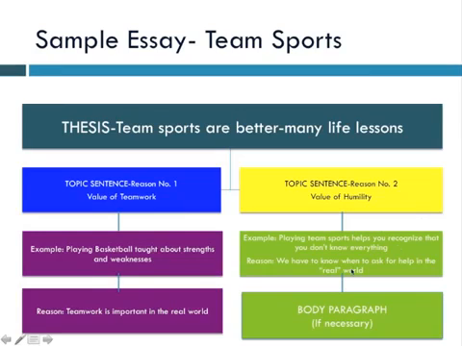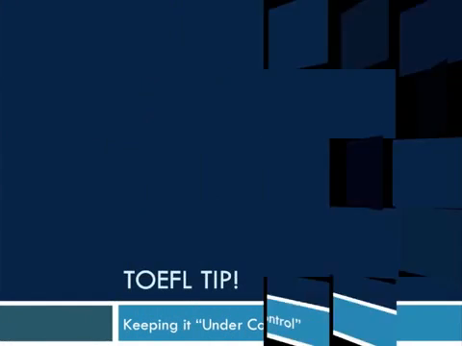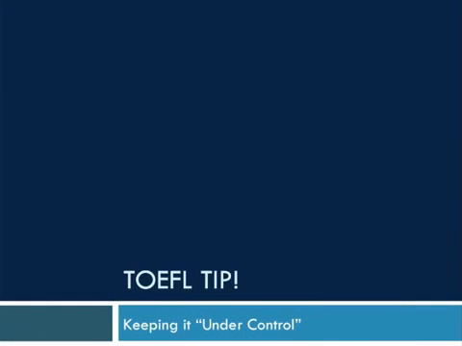Well, because the reason here is that we have to know when to ask for help in the real world. We can't do or know everything. So as you can see, all of them relate back to that ultimate controlling idea, why team sports are better. And of course, if we need another body paragraph, we will add information if necessary. So, keeping it under control.